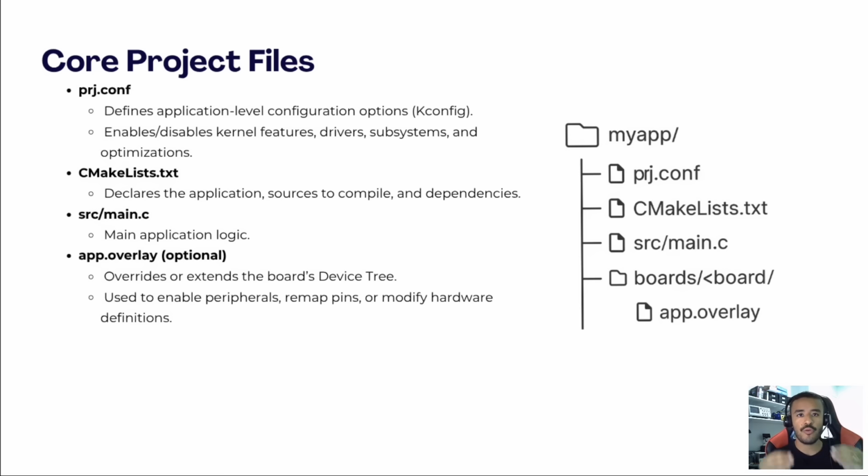For example, you can use it to enable an LED, change a GPIO pin, and activate a peripheral, or disable or enable it by default on your board. And together, all these files keep configuration, hardware description, and application logic clean and separate.